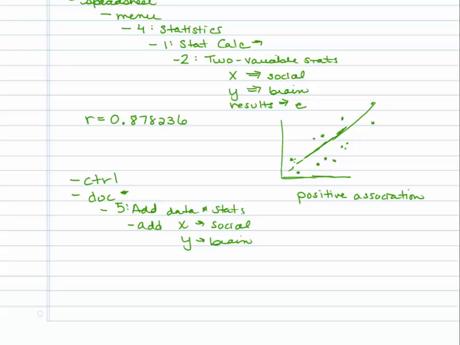And as far as strength, when you have 0.87 as your R, as your correlation, then that's a pretty strong correlation. Numbers that would be closer to 0 would be more weak correlations.